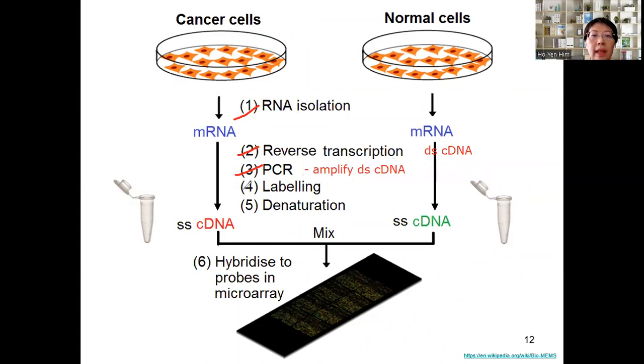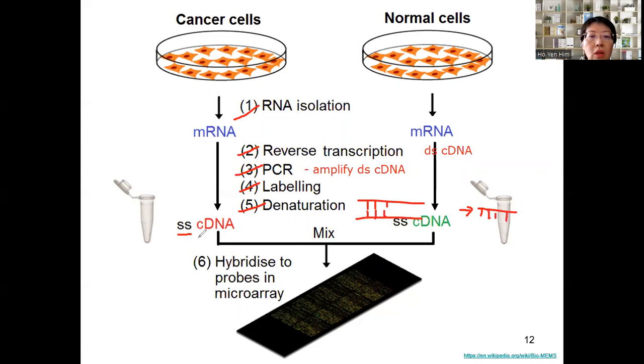So after that, we will label this cDNA, and then we denature the cDNA so it becomes single-stranded. Denature means we break the hydrogen bonds between the complementary bases of the two strands. Right? We break those bonds so that they become single-stranded. Okay.